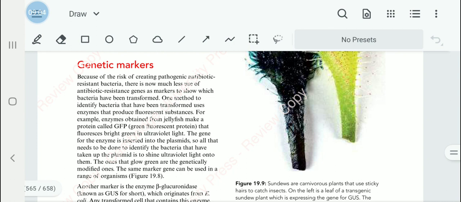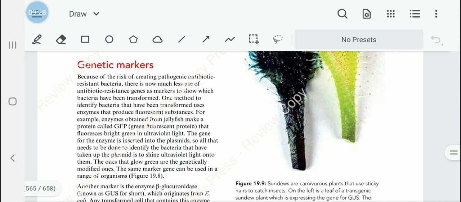Using antibiotic resistance genes as markers is no longer practiced.